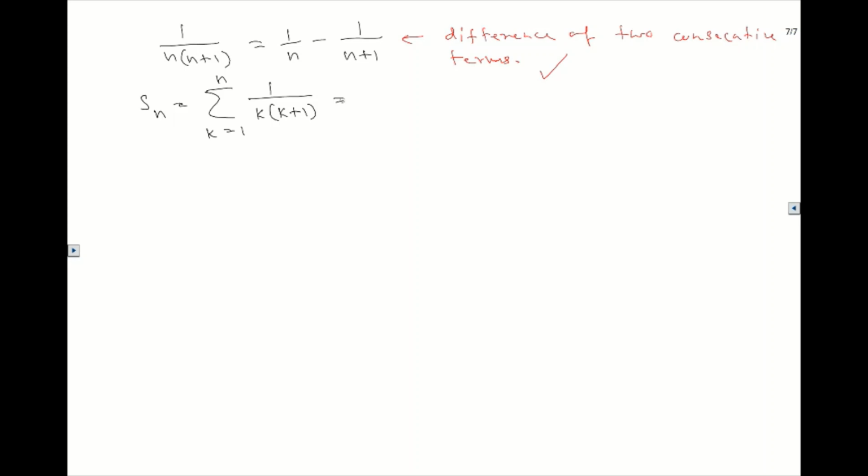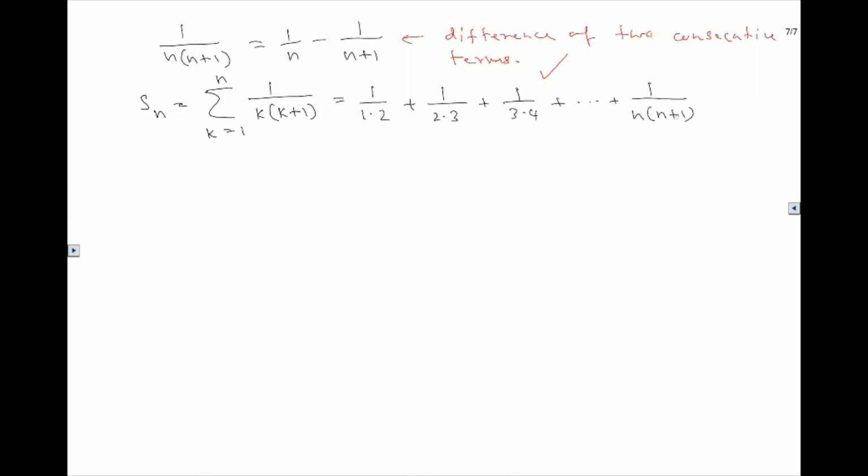Let's write the first few terms. What's the first term? When you apply k equals 1, your first term becomes 1 times 2. When you apply k equals 2, your next term becomes 2 times 3, and then 3 times 4, like that. The last term, when you apply n, is n times n plus 1. That's the last term in the nth sum.